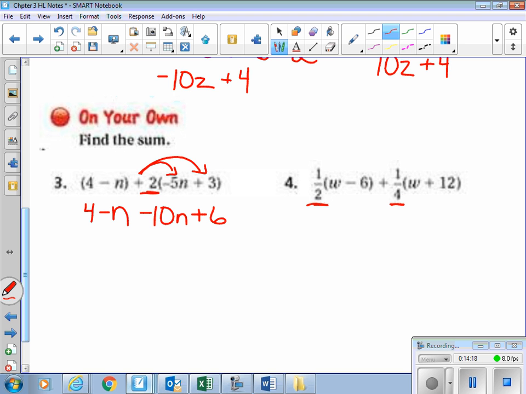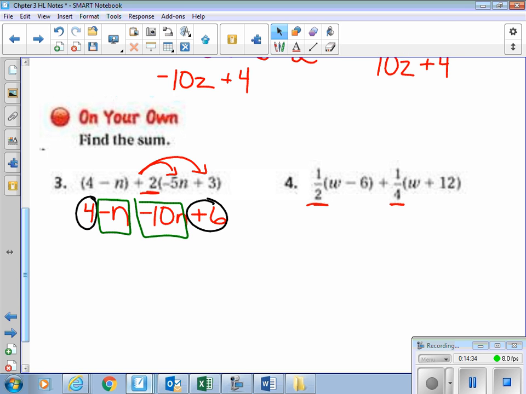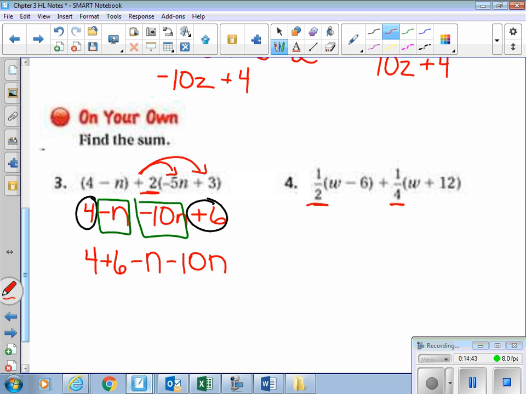I'm then going to look for those like terms, put some shapes around them. I got a positive 4, positive 6, a negative n, and a negative 10n. I'm going to rewrite them with my like terms together. 4 plus 6 minus n minus 10n. 4 plus 6 would give me 10.